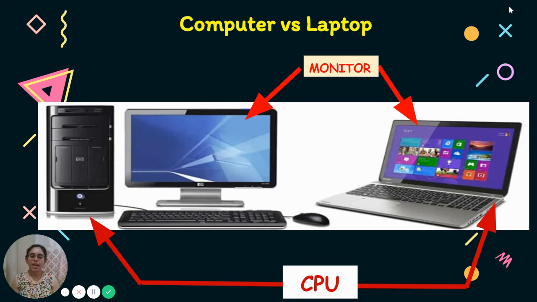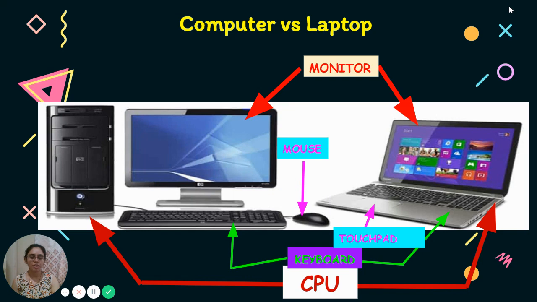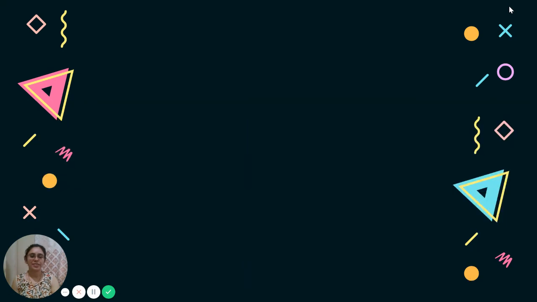The desktop has its own CPU separately, whereas in the laptop, the CPU is located below the keyboard. Both of them have the keyboard. A desktop computer has a mouse, and in laptop, the mouse is replaced by touchpad. So that's how these two are similar.